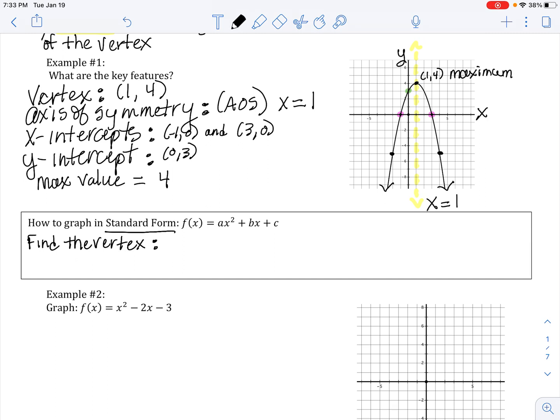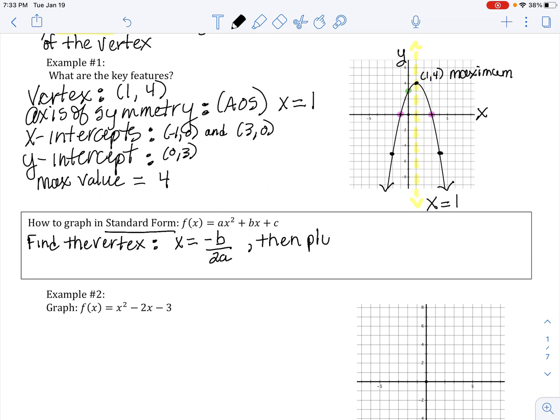Okay, and we find the vertex by using the following equation. x equals the opposite of b over quantity 2a. That is the first calculation we make to determine the vertex point.